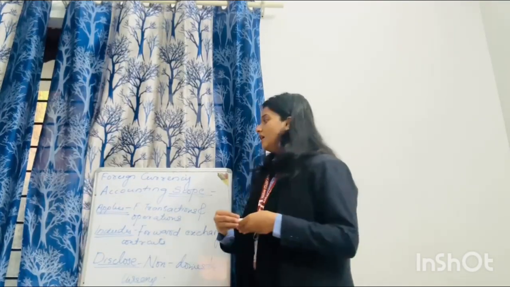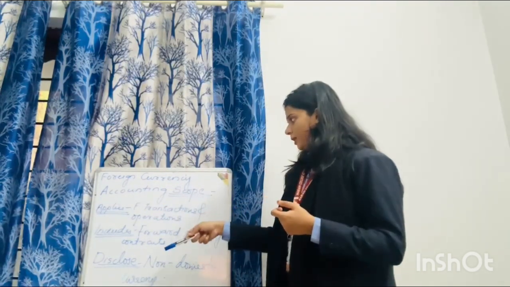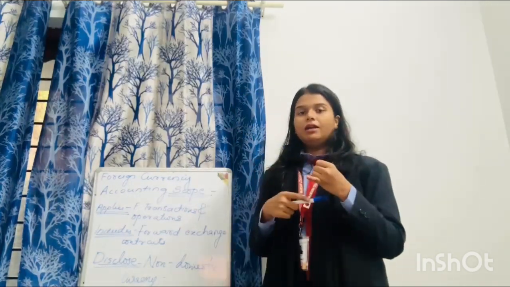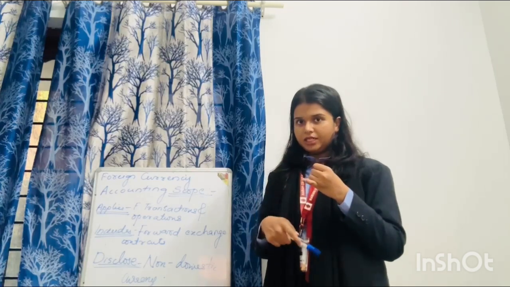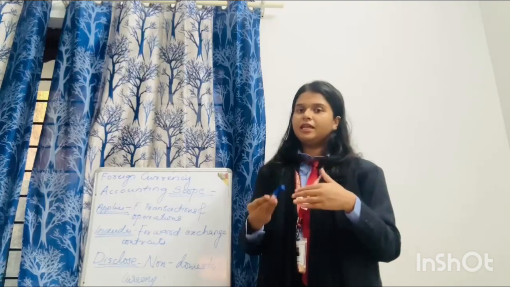Next is the foreign currency accounting scope. In simple terms, it is applied to foreign transactions and operations. The first is foreign transactions, that is accounting for foreign currency transactions, and foreign operations, that is translating financial statements of foreign operations.